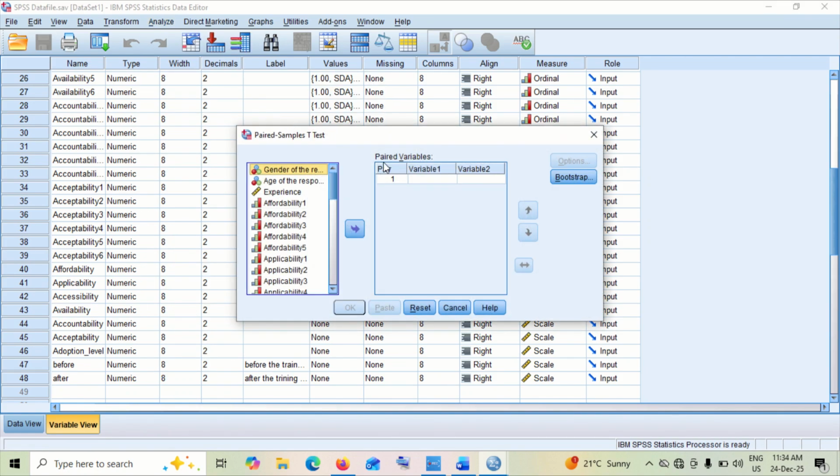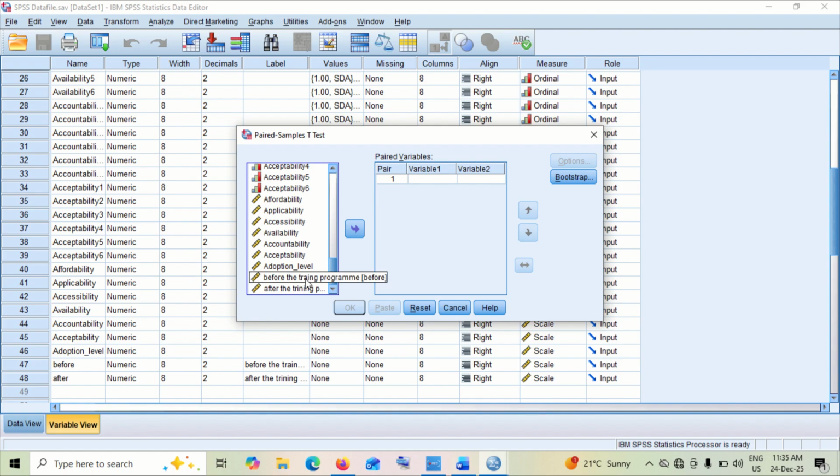Here we can see that paired variables are grouped, that is variable 1 and variable 2 of pair 1. Here only one pair is allocated for the analysis, that is adoption level of ICT before the training and after the training. Therefore, we have to select the two variables as pair 1.